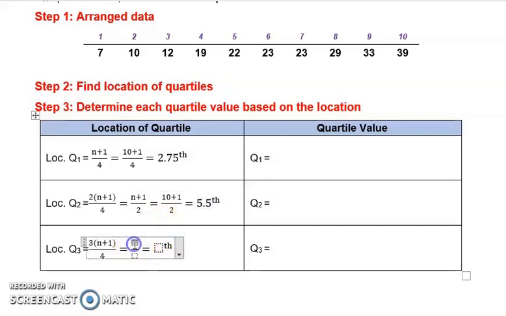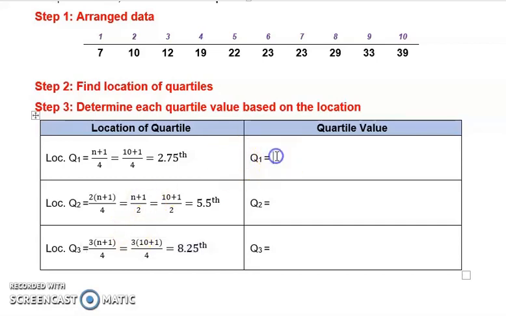Last one, the location of Q3: 3 multiplied by (n plus 1), so 10 plus 1, divided by 4. So for the location of Q3, you will get 8.25.